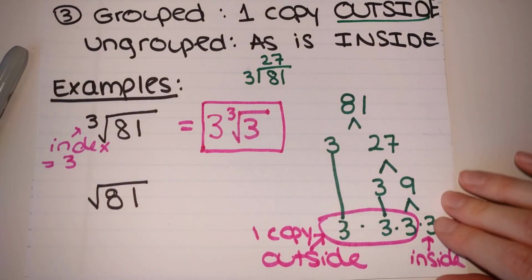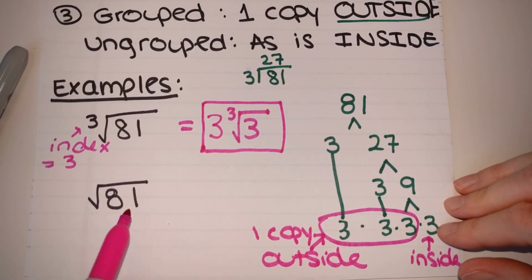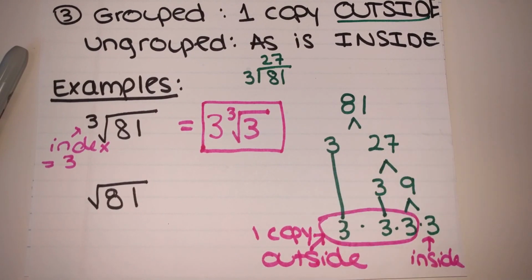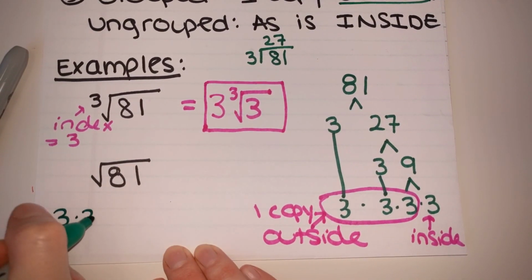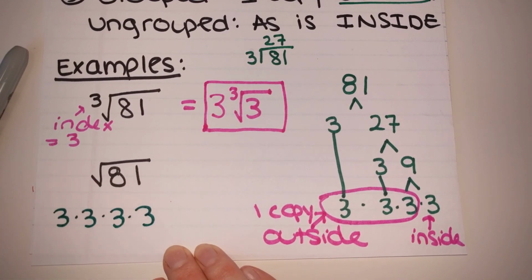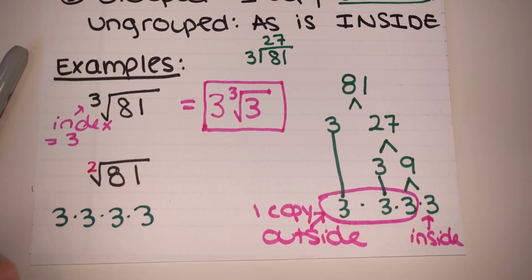All right, now let's contrast that to if it was the square root of 81. So if it was the square root of 81, I would still have the same factor tree. I would have 3, 3, 3, 3 as my factor tree. But now, because the index of a square root is understood to be 2, so square, if I square something, it's understood that I'm raising it to the second power, so the square root has an index of 2.